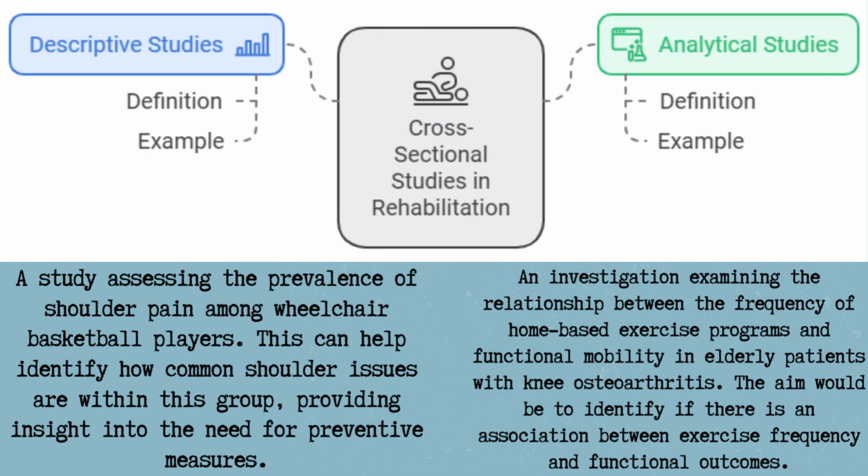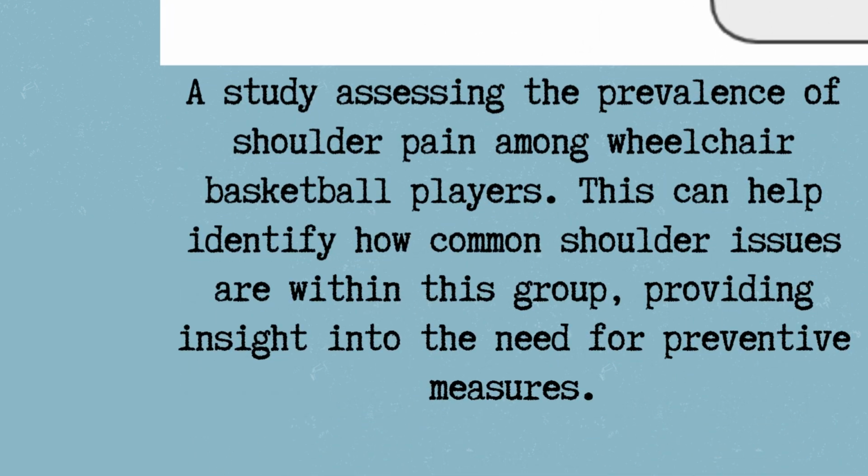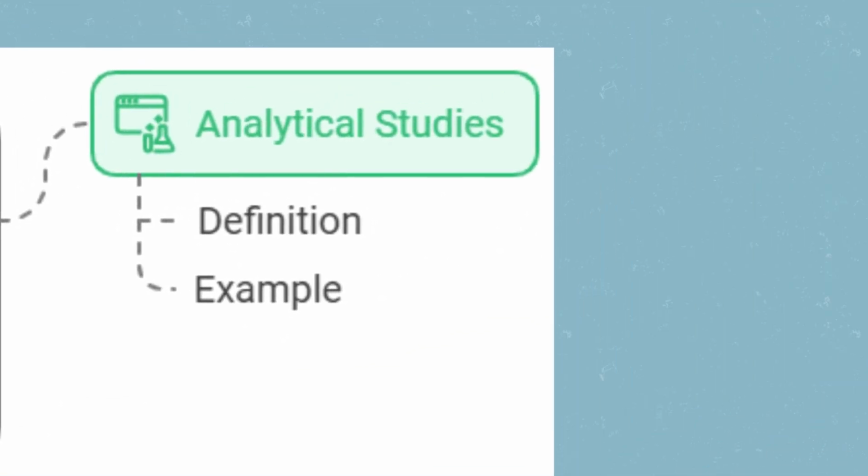Descriptive studies focus on assessing the prevalence of a condition or characteristic within a specific population at a single point in time. For example, a study that examines how common shoulder pain is among wheelchair basketball players to highlight the need for preventive measures.